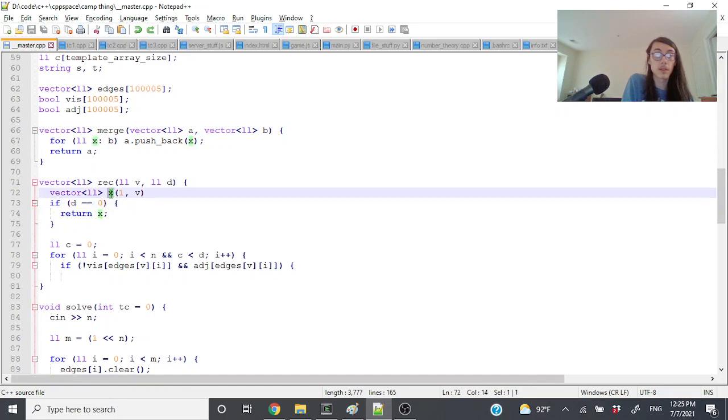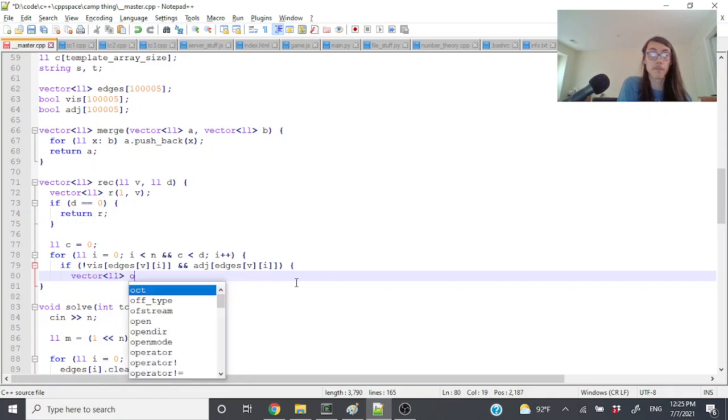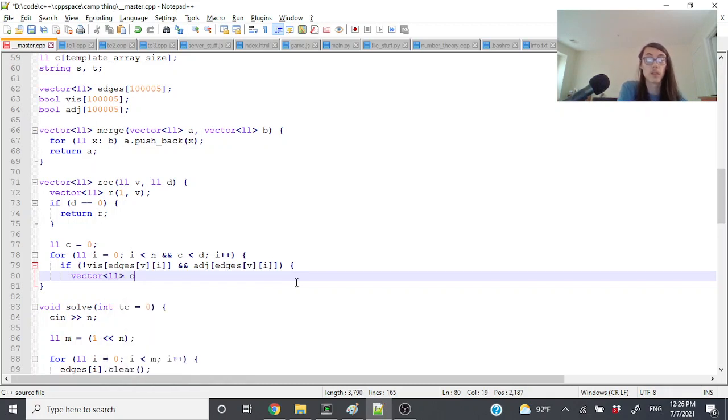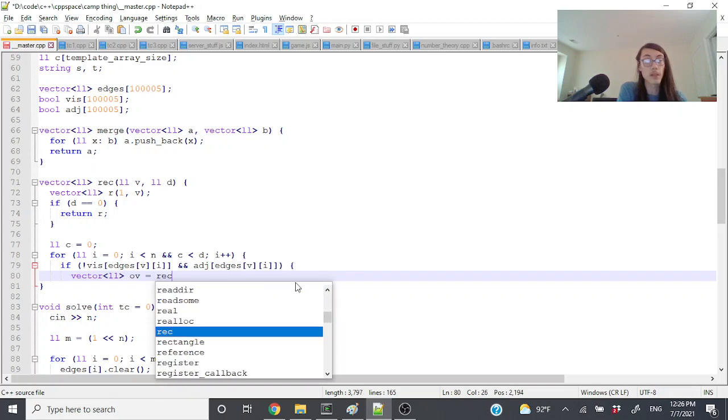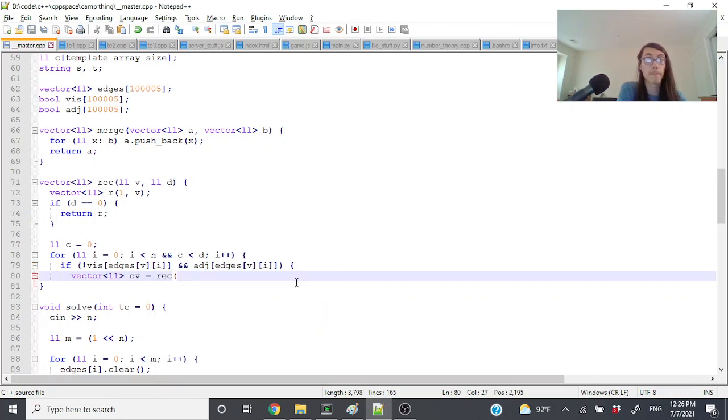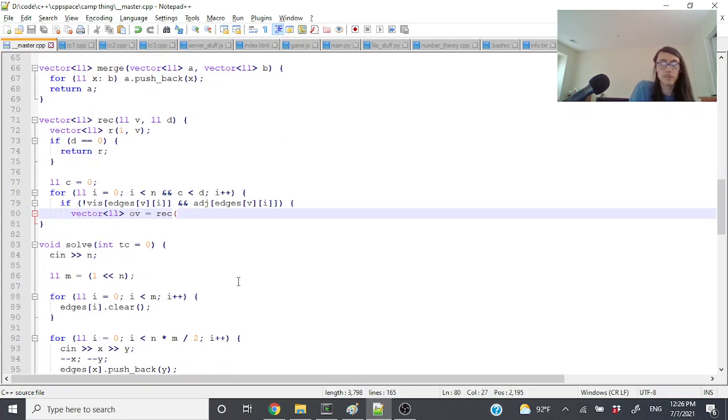It's going to be bar. Is rec, so recursion here. So we might as well say this is visited now. And everything next to me is adjacent.